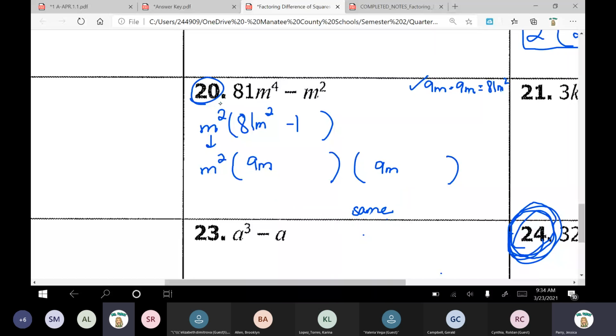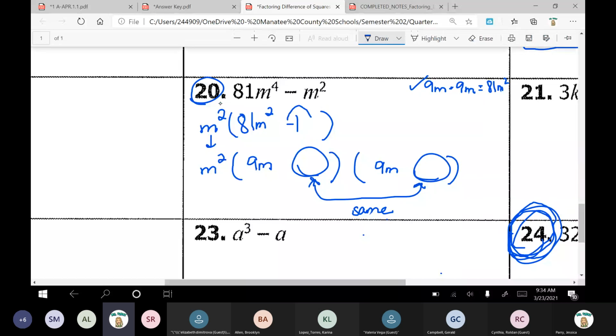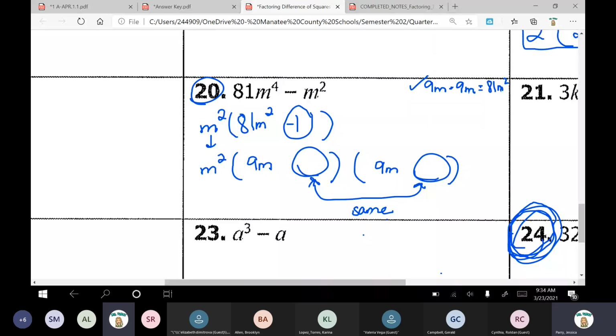The 1. What times what is 1? Same number. What times what is 1? You don't really have many options here. Try not to think too hard about it. It's not too difficult. I know some people tend to overthink things. What times what is 1?